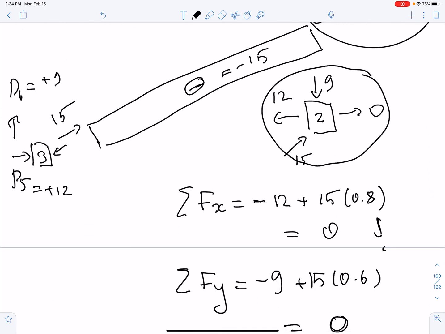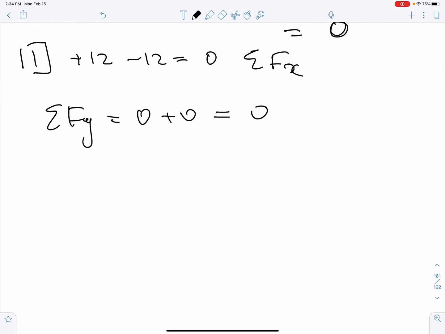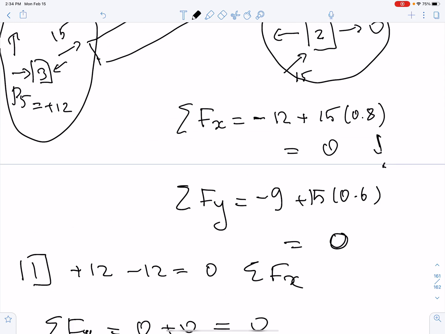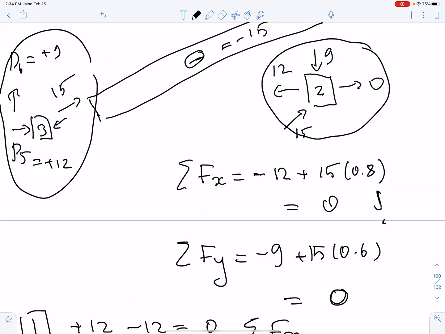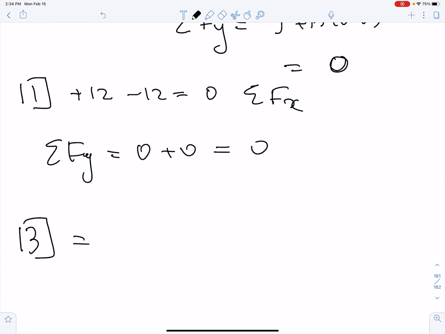Okay? And so if you look at node 3, right, you're seeing the same thing, right? You have minus 15 times cosine of the angle, which is 0.8.